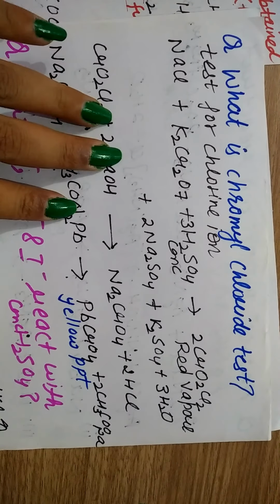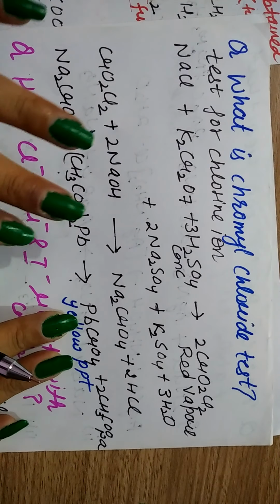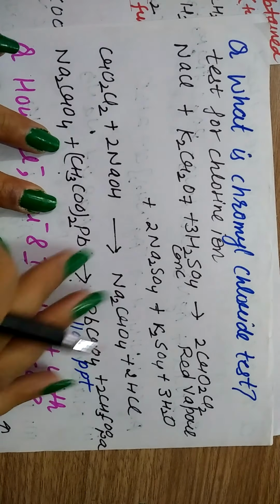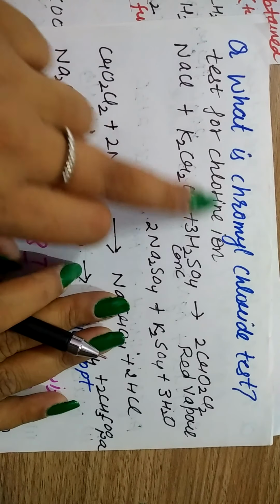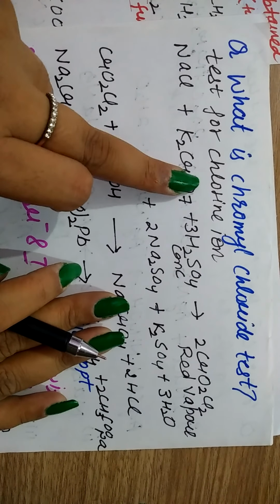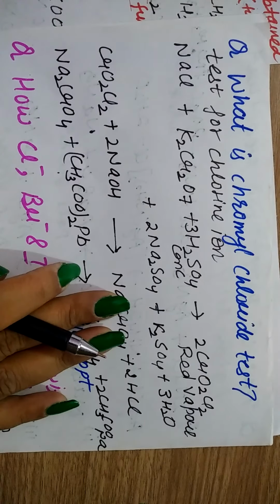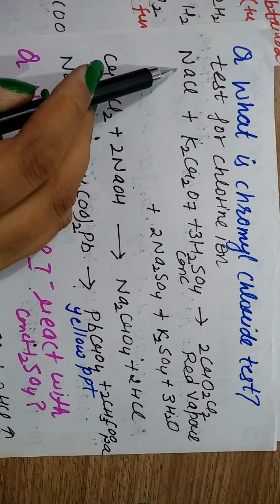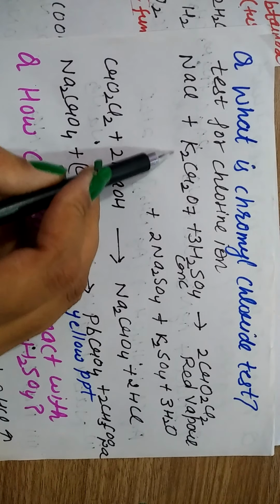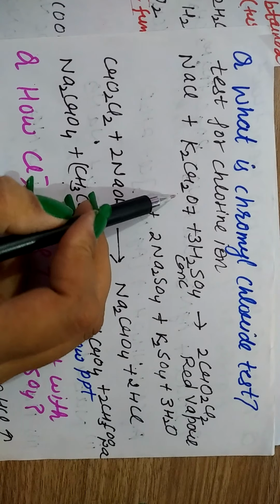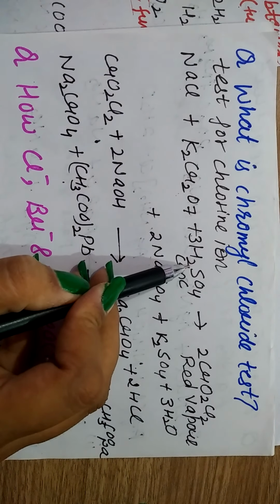Then the most important test, the chromyl chloride test, can be asked. This test is used for testing the presence of chloride ion. We will take a compound having chloride ion. Then we will treat it with potassium dichromate and concentrated sulfuric acid.